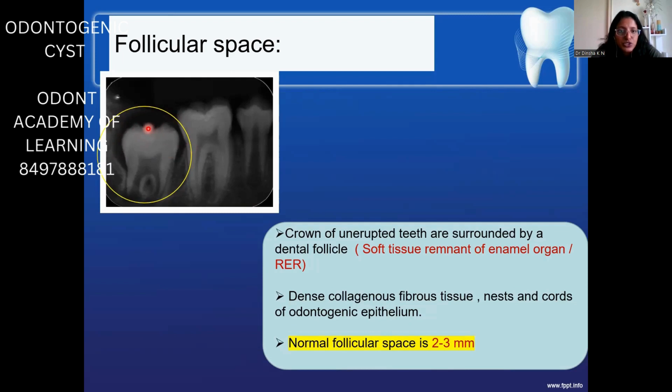You can see in this picture the crown of a tooth and a radiolucency covering it, which is completely normal. This dental follicle is usually comprised of dense fibrous collagenous tissue and some nests or cords of odontogenic epithelium. Usually the distance of this follicular space is considered to be 2 to 3 mm, which is a normal space.